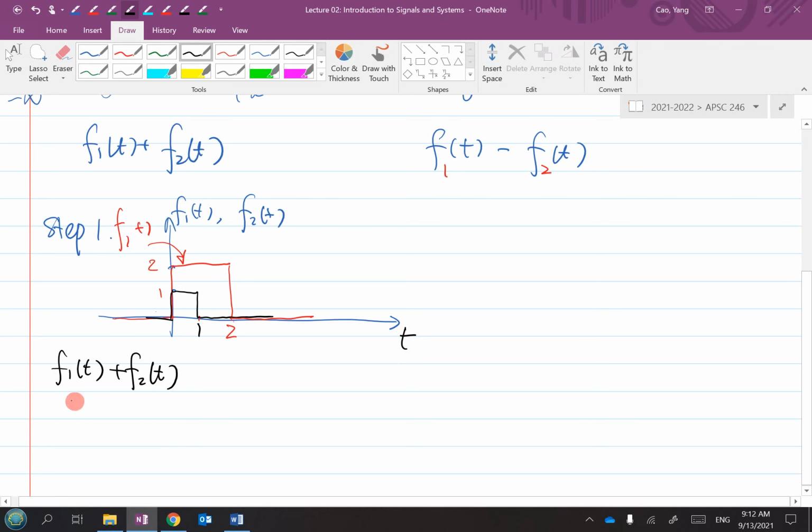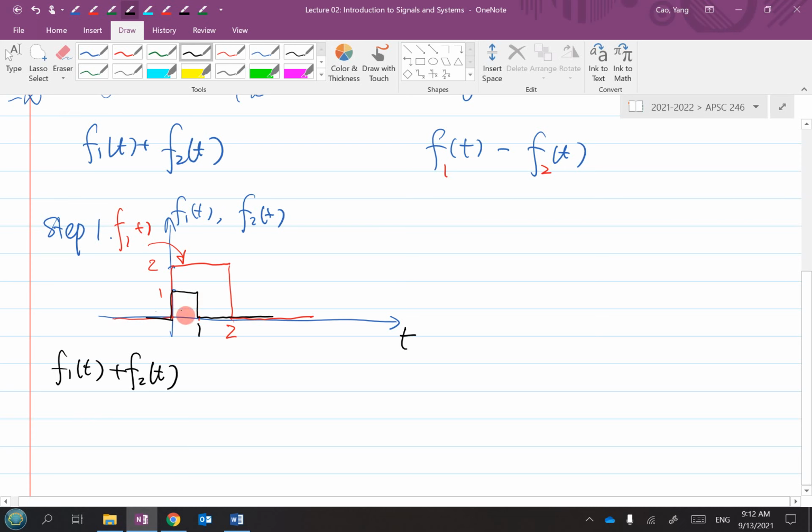When you add 2 functions together, what you're adding is, what is the value at t equal to 1? What is the value at t equal to 2? What is the value at t equal to 3? You add all the infinite number of values for t, and you plot them out, and you get the addition of the functions.